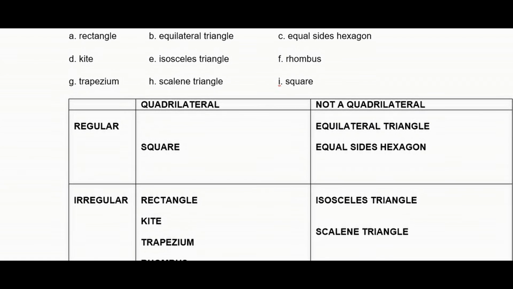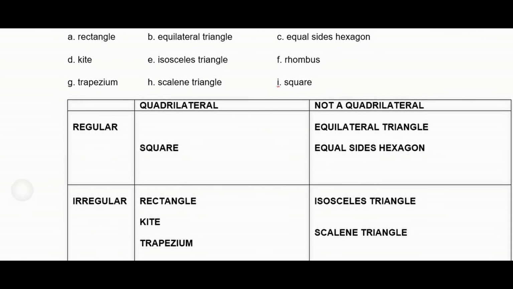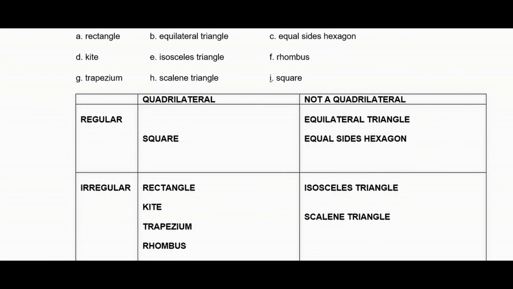Then, having this vocabulary, let's make it a little bit smaller so we can fit. Okay, rectangle. A rectangle is a quadrilateral, but is irregular. Not all the sides are the same measurement.